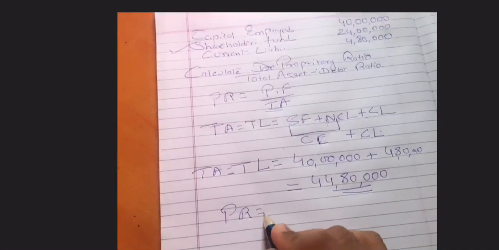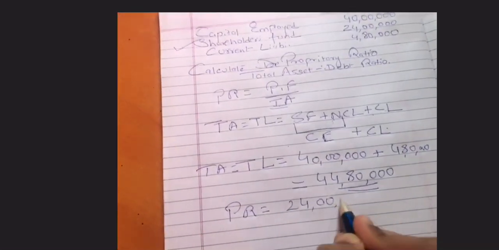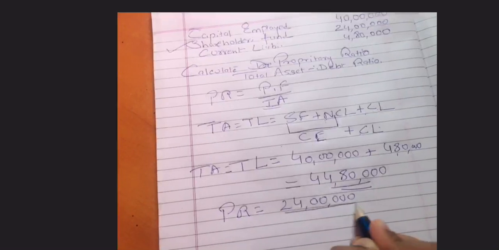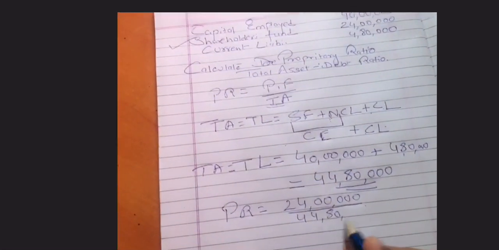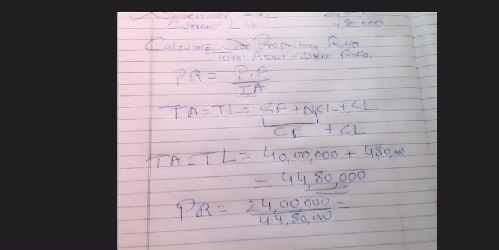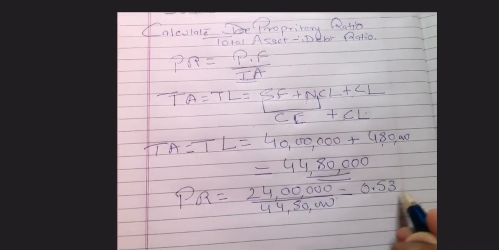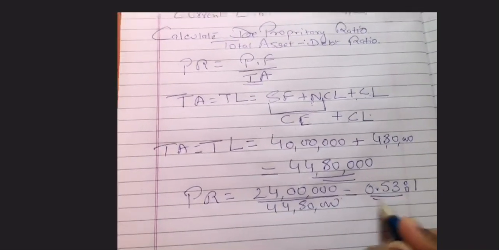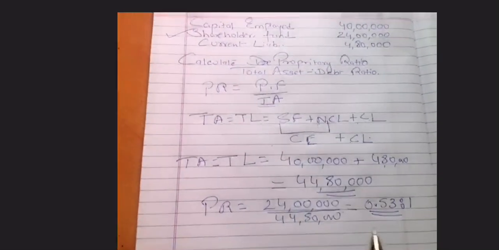Proprietary ratio is equal to proprietor's fund, that is shareholders fund, given 24 lakh, upon total assets, 44 lakh 80,000. So this will be 0.53:1. In this way we will calculate the proprietary ratio of this question.